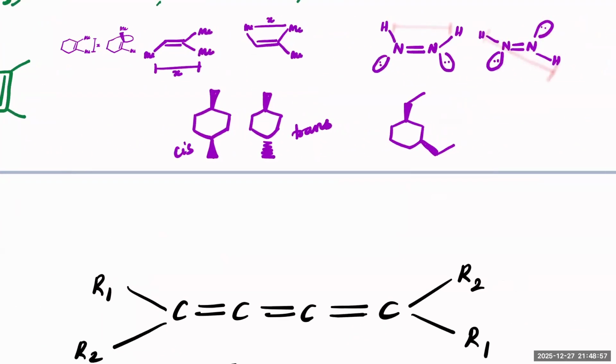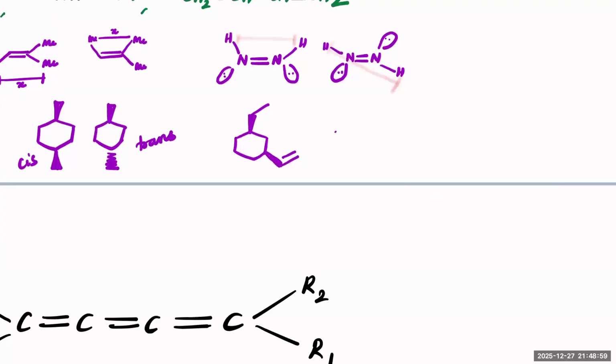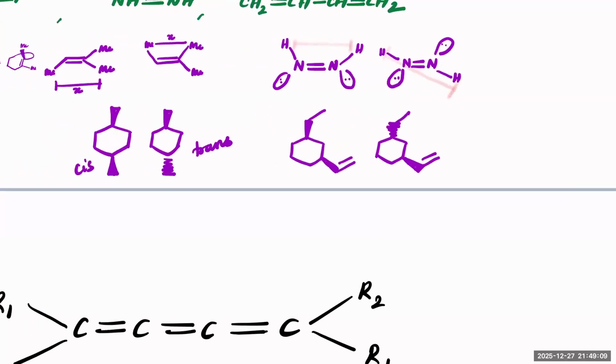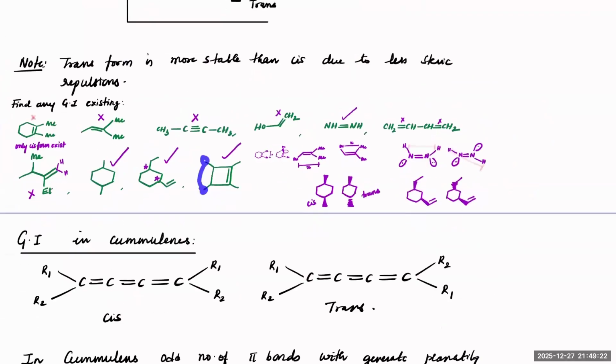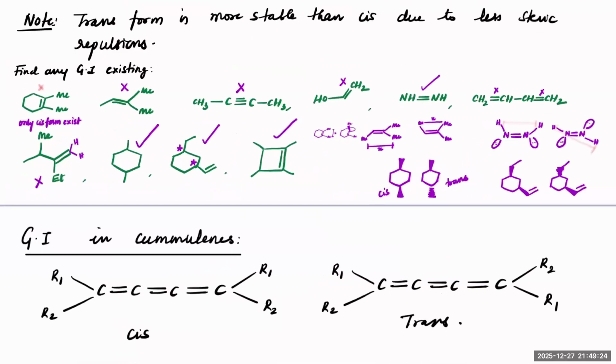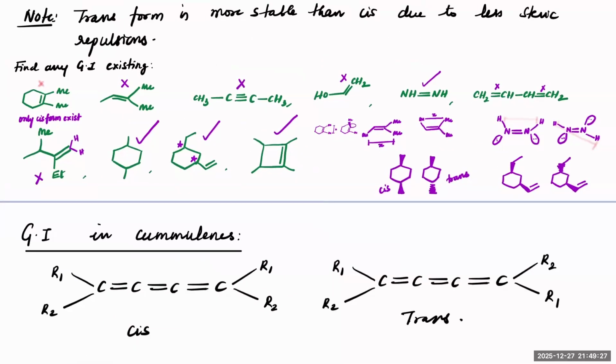Or I can have this group going inside with a methyl group and this group still coming outward with a double bond, like that we can have cis and trans isomers. Same logic applies here, not with respect to this double bond but with respect to these two methyl groups. With respect to these two methyl groups, again I can have geometrical isomers. Clear? All the cases are clear, everybody?